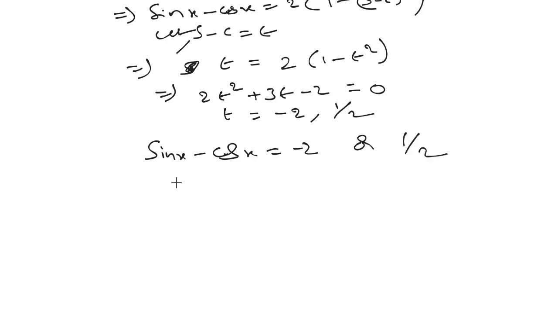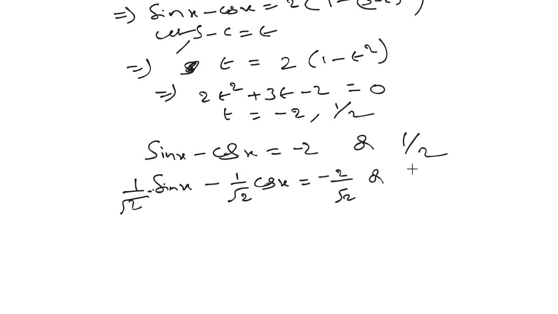So we can do one thing: let us divide by root 2 on both sides. Then it becomes 1 by root 2 into sin x minus 1 by root 2 into cos x equals negative 2 divided by root 2, or 1 divided by 2 root 2.